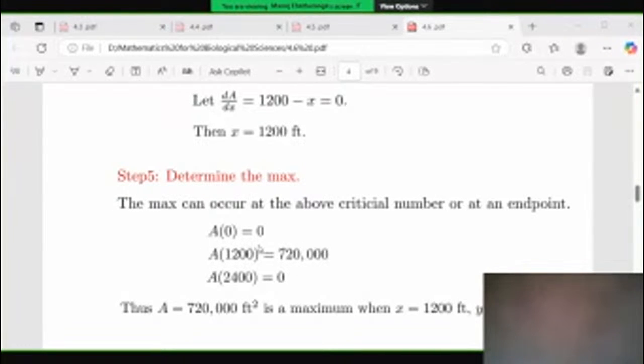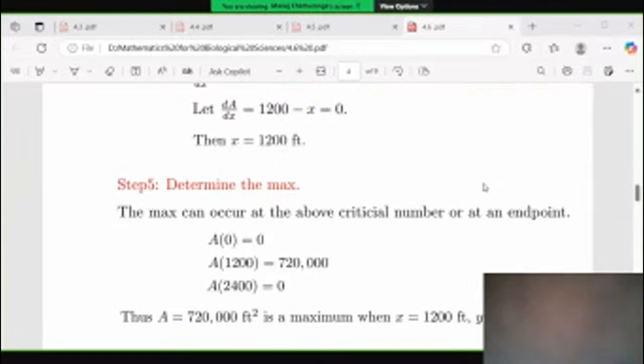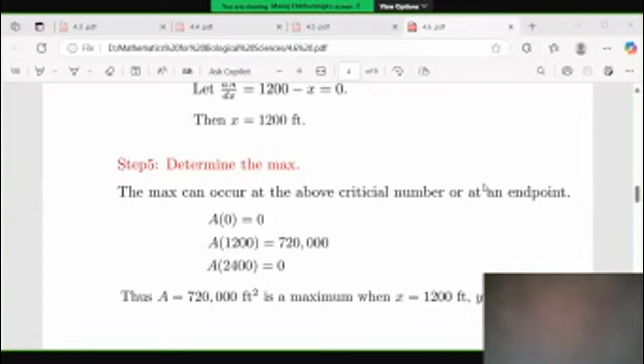At the endpoints, area is always 0. At this new candidate for the extreme value, this critical number, you can compute the area using this formula. It turns out to be 720,000.